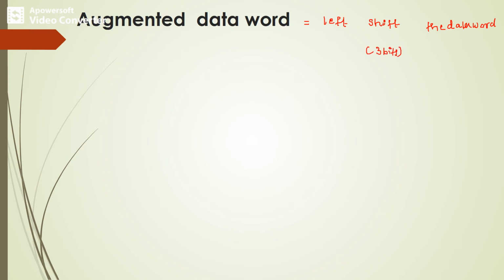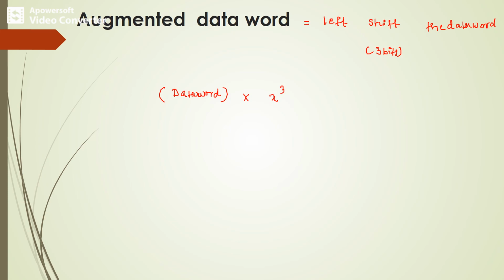Either we can perform a left shift operation by 3 bits, or else we can directly multiply the given data word by x power 3, which is one and the same.